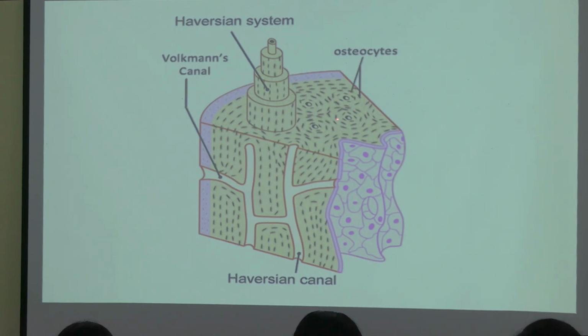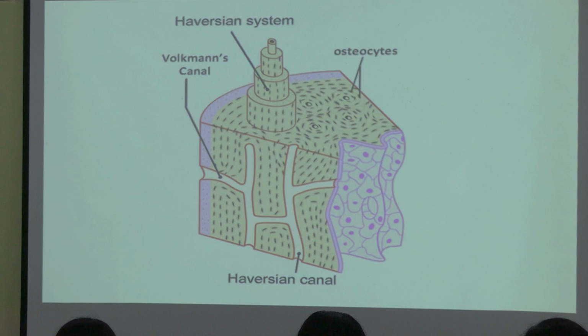This is the concentric lamellae. Which lamellae is this? Circumferential lamellae: just below the surface, parallel to the surface. And between these two concentric lamellae, this area is called the interstitial lamellae. So these are the things which you can see in compact bone.